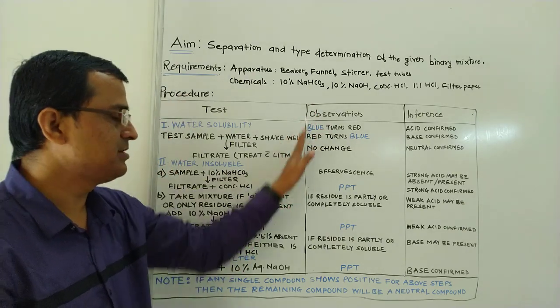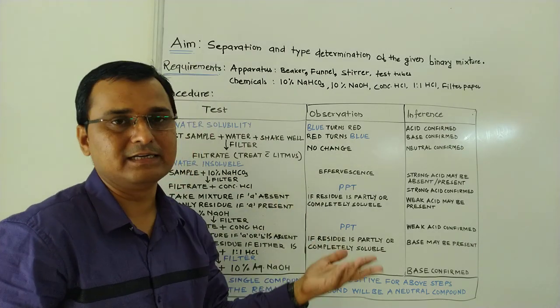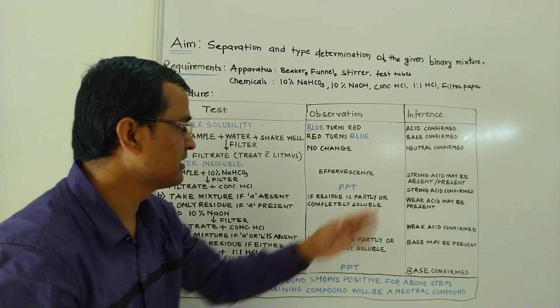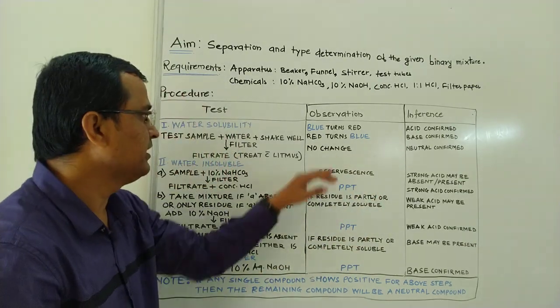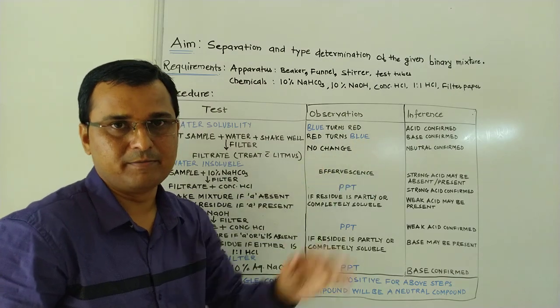There are three possibilities with the litmus. If the blue litmus turns red, then the compound may be an acid. If the red litmus turns blue, then it will be a base.